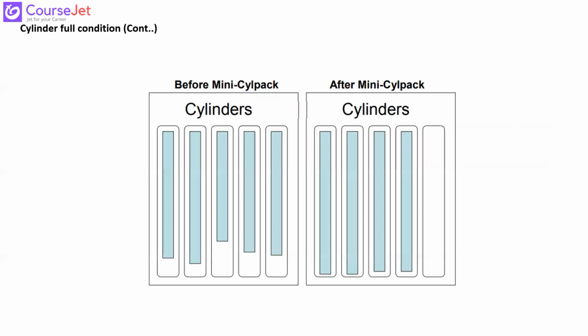If you see this example, in the cylinders we have data blocks, and we have little space in each block. It will move all the data blocks inside the cylinder up toward the top, and it will free some space here, so that this cylinder can be used again for storing data.